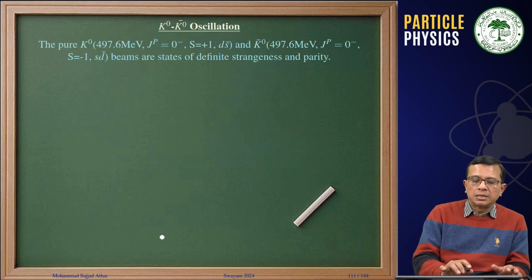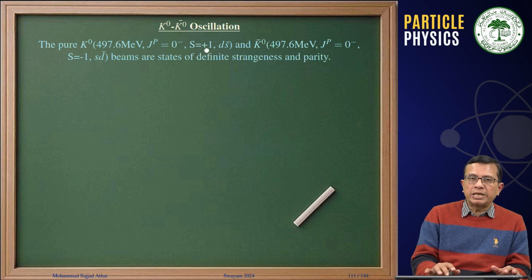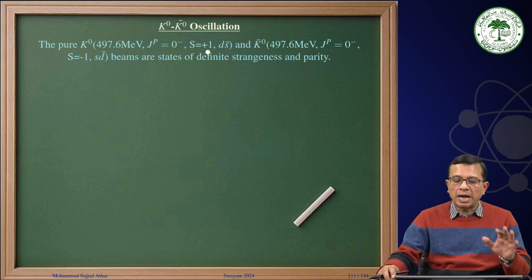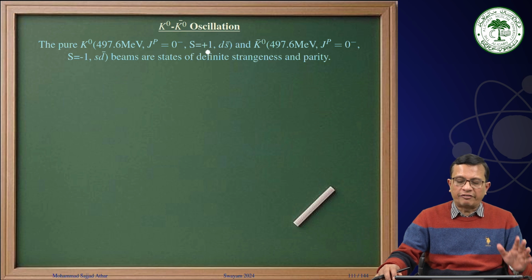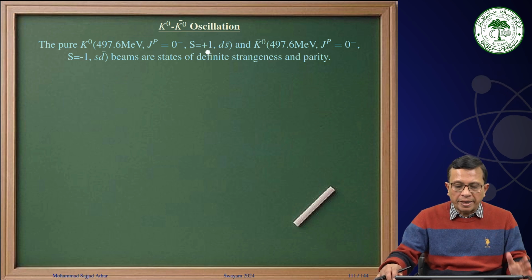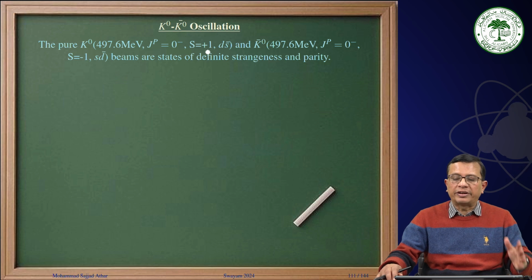As we have discussed, K0 is a strangeness plus 1 particle and K0 bar is a strangeness minus 1 particle, and that means they are particles of definite strangeness, definite parity, and definite masses.